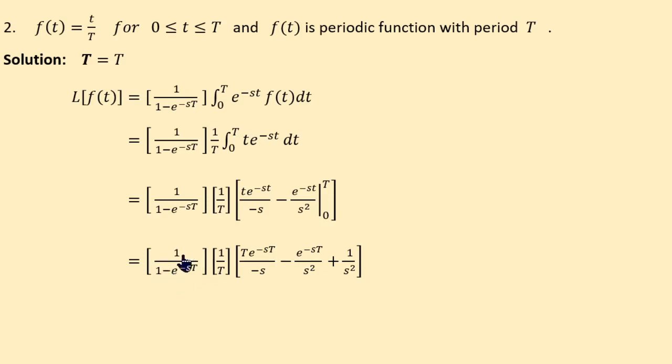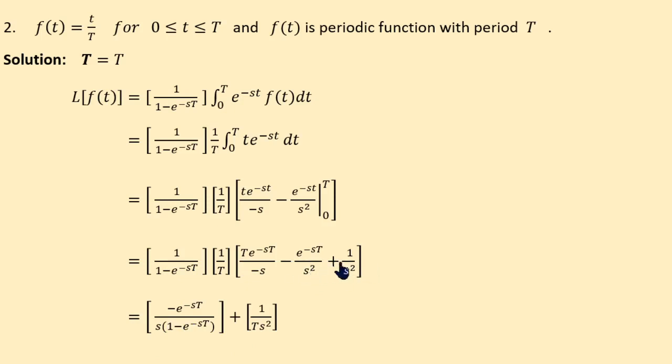Multiply by this, 1 minus e power minus sT cancels, 1 by s square remains into T. Therefore, combining these two terms, it is 1 by T s square; the first term cancels this T e power minus sT with the minus sign, giving minus e power minus sT divided by s into 1 minus e power minus sT, where T is cancelled. Multiplying these three terms, you get this.